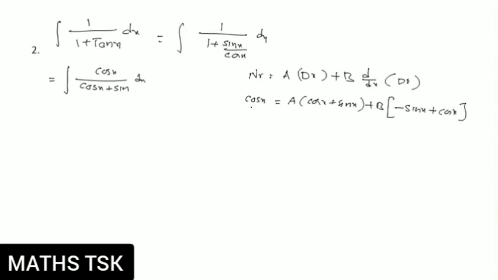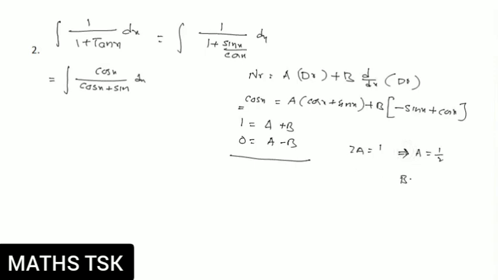Now compare the coefficient of cos x. When you compare, 1 is equal to, here it is a, here it is b. A plus b is equal to 1. When you compare sin coefficient, here sin is not there, so 0 is equal to a minus b. When you add, you will get 2a is equal to 1. This implies a is equal to 1 by 2. When a is equal to 1 by 2, what is the value of b?